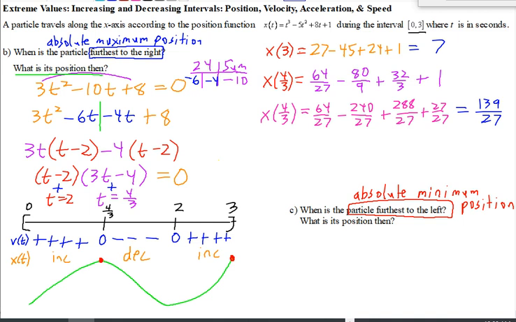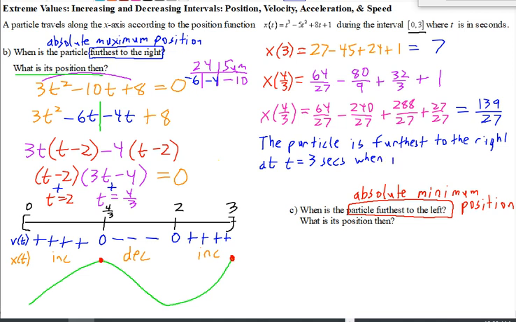Okay, there are different ways to word this, but one way would be to turn this question into a statement. The particle is furthest to the right at time t equals 3 seconds, and when its position is 7 meters.